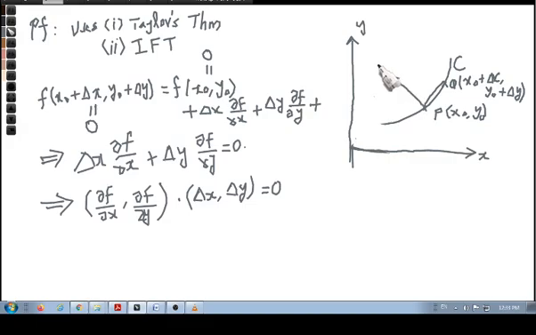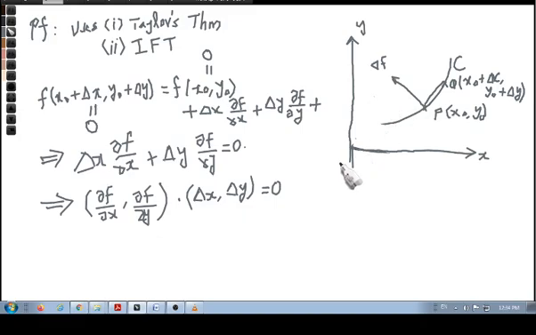This is your del f, which is (dou f by dou x, dou f by dou y). Now when delta x and delta y are small, this secant is nearly a tangent to the curve at the point P. Therefore del f is going to be normal at the point P, perpendicular to the tangent at P.